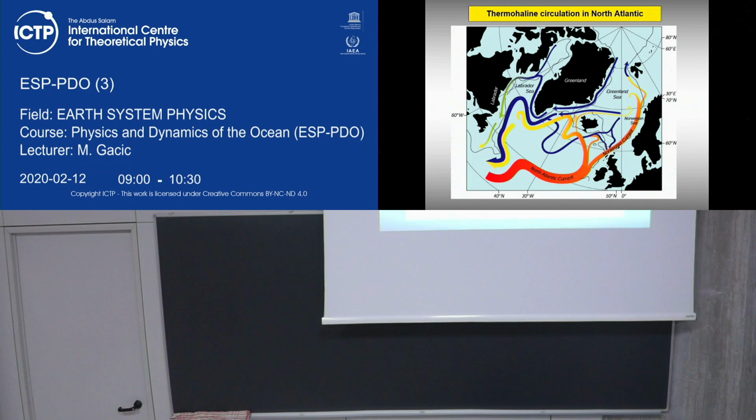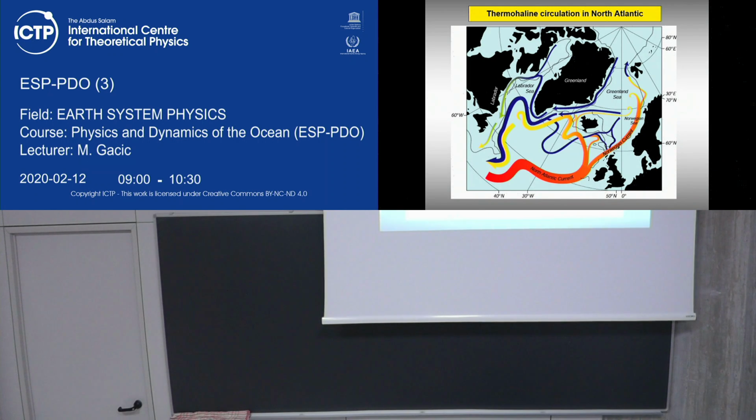So you can have an idea how important the water flow is, for example, with a single component of this global conveyor belt, the Gulf Stream.